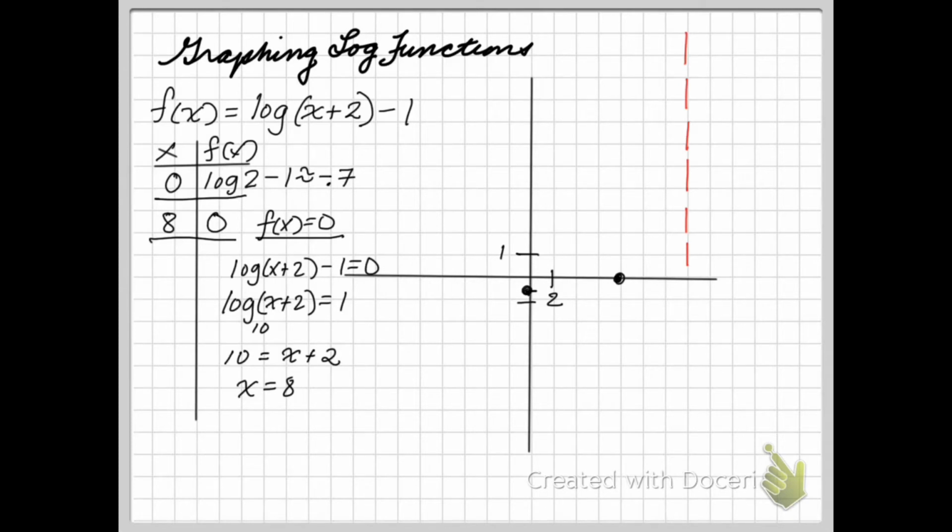And then all we need in order to finish the graph are 2 points. If you saw my video on graphing an exponential function, we need 2 points and a horizontal asymptote. For a log function, which is the inverse of an exponential function, we need 2 points and a vertical asymptote. So if I had these 2 points and this vertical asymptote, I would have that shape there.